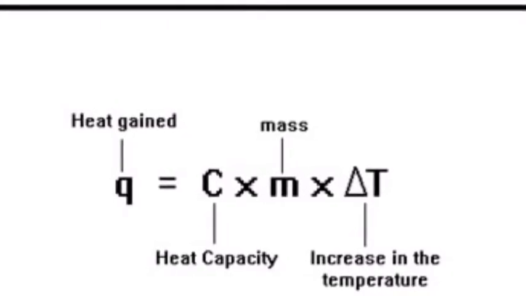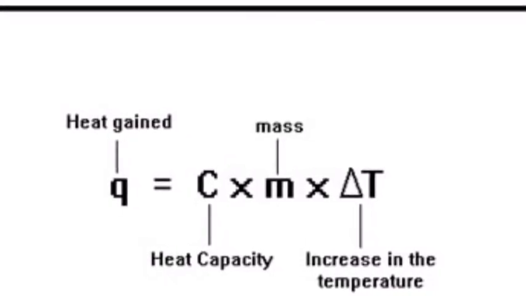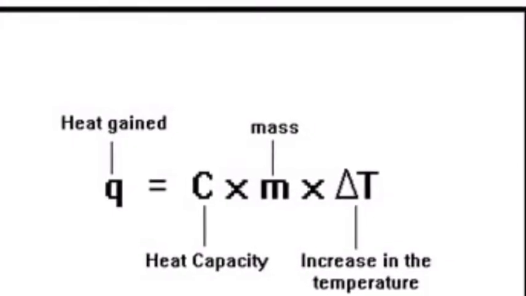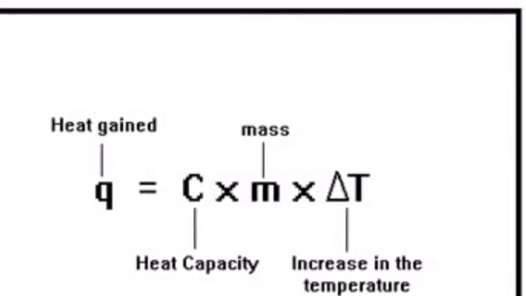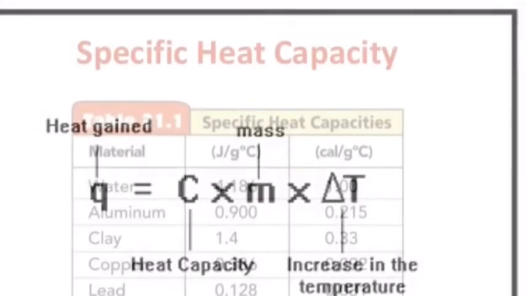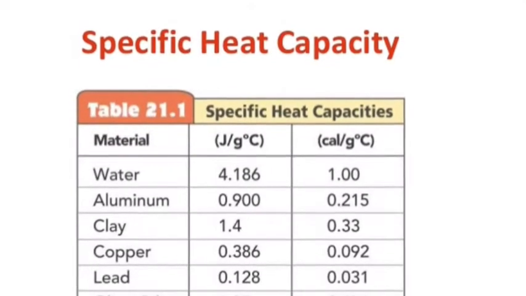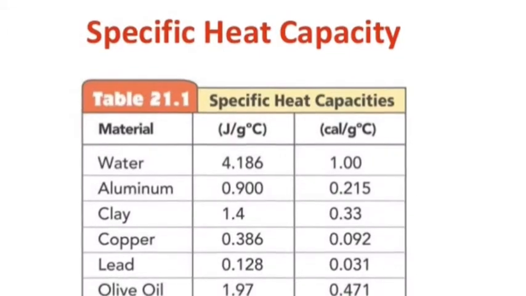Some of the factors that specific heat capacity depends on are the mass of the object, so the bigger the mass is, the harder it is to heat, as well as what substances the object is made out of, as they might have different specific heat capacities.